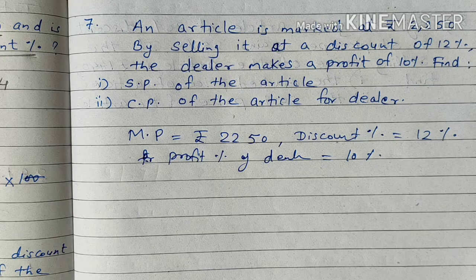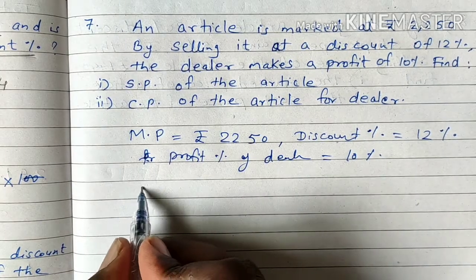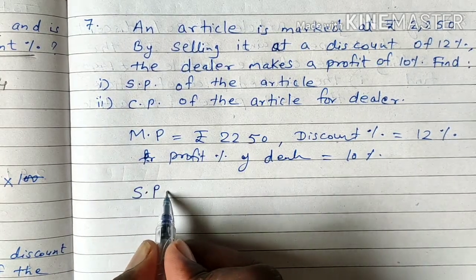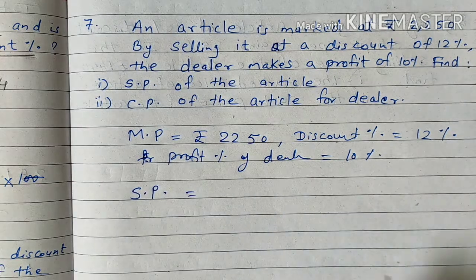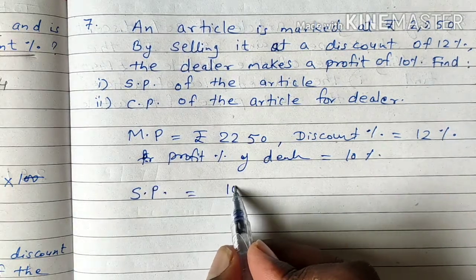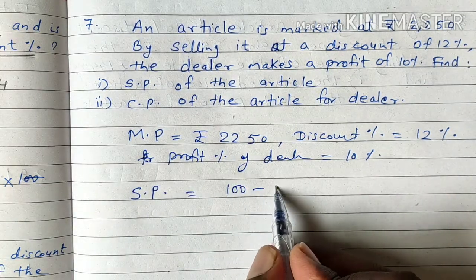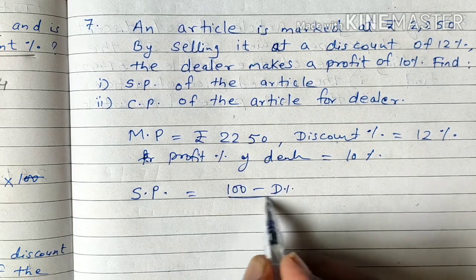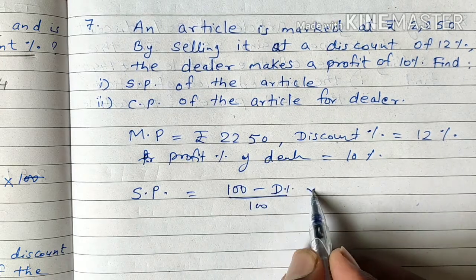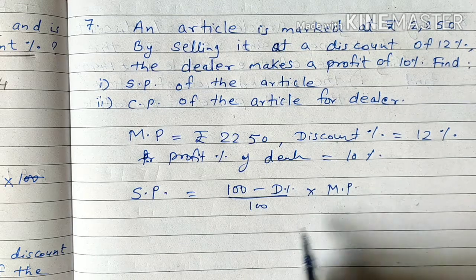So let us find the selling price first. To find the selling price, we have a direct formula: (100 minus discount percent) upon 100 multiplied by market price.